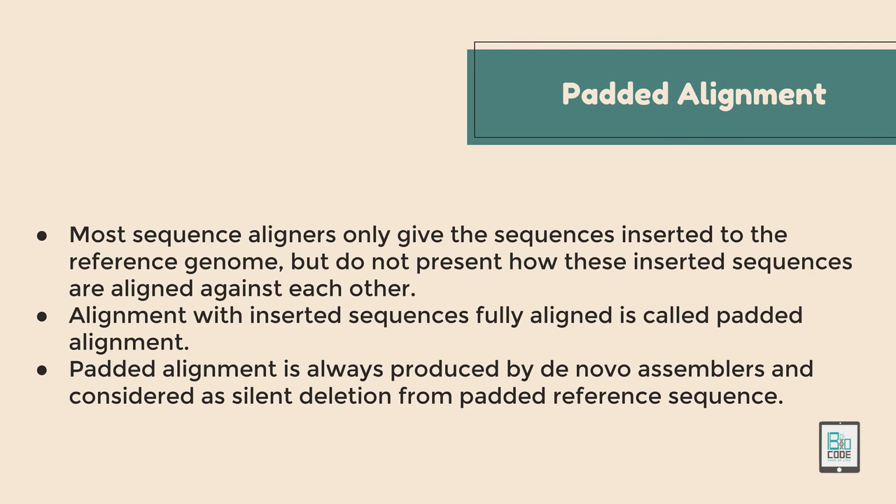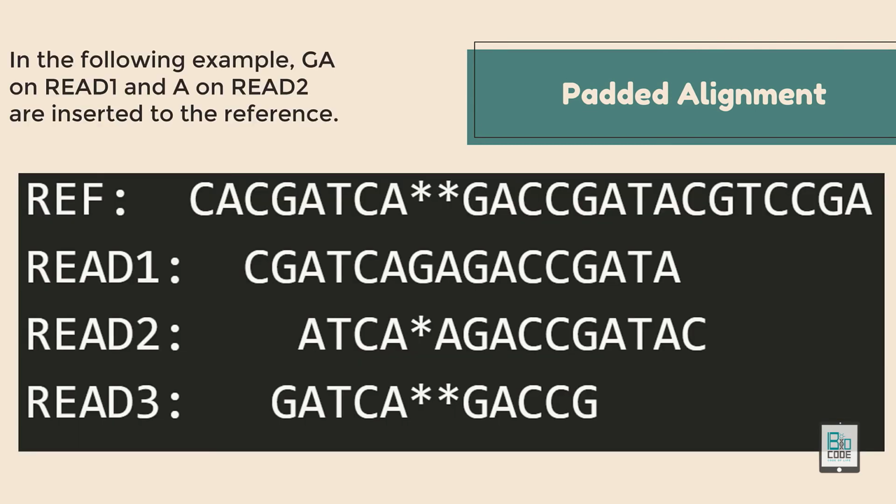Most sequence aligners basically provide you the inserted regions of the genome, but they do not present how these inserted regions are actually present against the other aligned regions. So in that scenario, padded alignments are utilized. Basically, they present the actual representation of the alignment and where it actually is present within the alignment. As you can see, this sequence is present from over here and this sequence is present from over here.